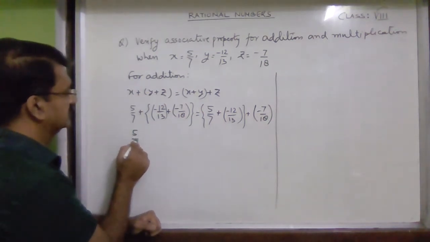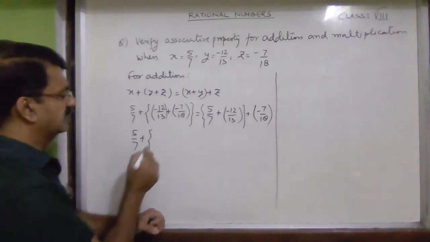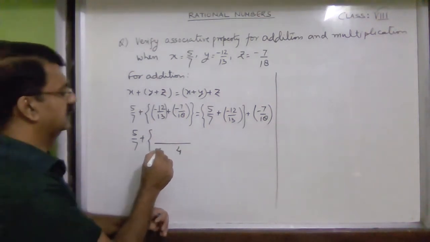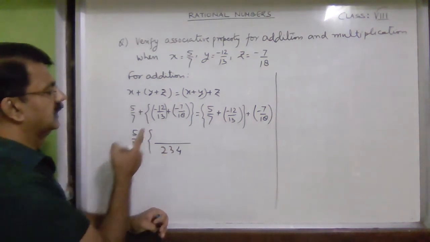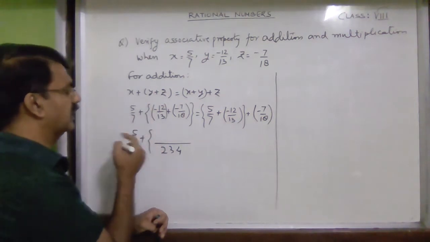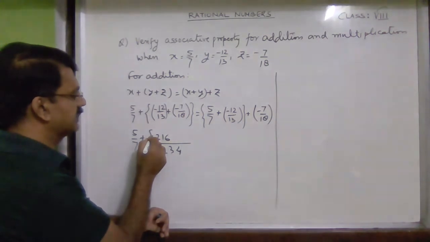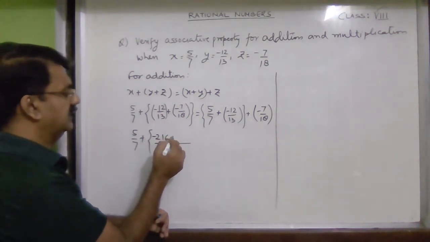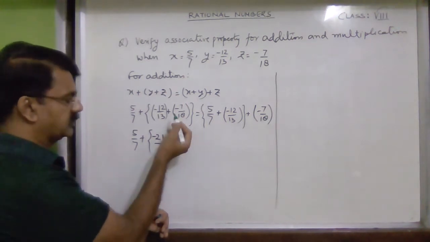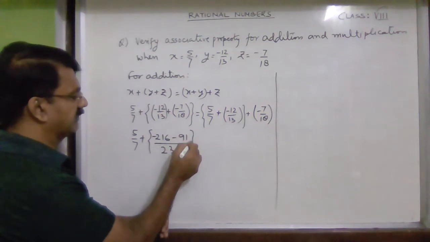Here 13 and 18, the LCM will be 234. So 234 divided by 13 will be 18. 18 into 12 is 216, so minus 216. And 234 divided by 18 is 13. 13 into 7 is 91, so minus 91.